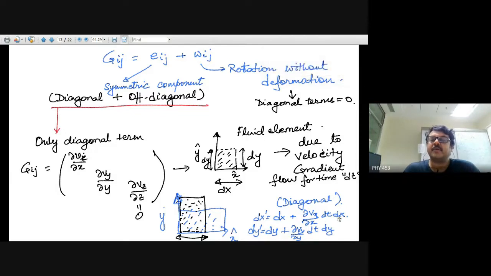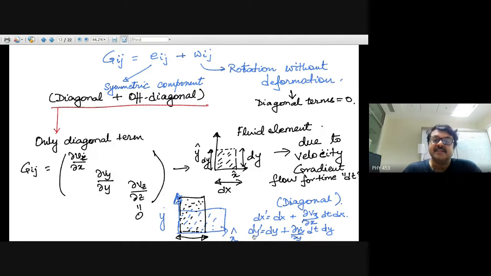So basically the change will be ∂v/∂x into dx, and if you have different values of dx, there would be different amounts of distortion for the same velocity gradient. And if it acts for a longer time, then you will have more. So ∂v/∂x into dx into dt.